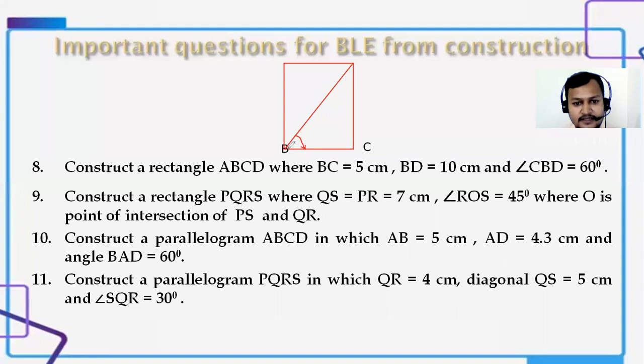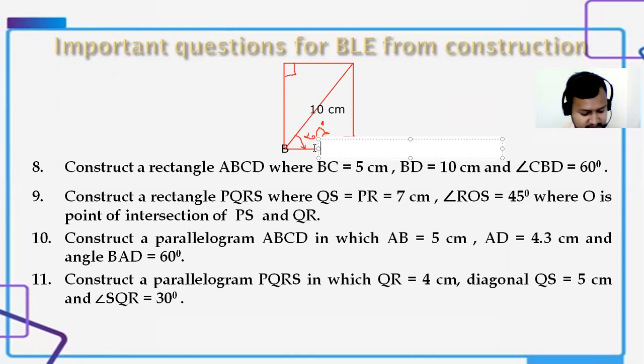So it will be better to draw BC at first, then BD, and all angles of rectangle are 90 degree. All of you know it. And this is given to us 60 degree. And it is 10 centimeter. Diagonal BD is 10 centimeter.